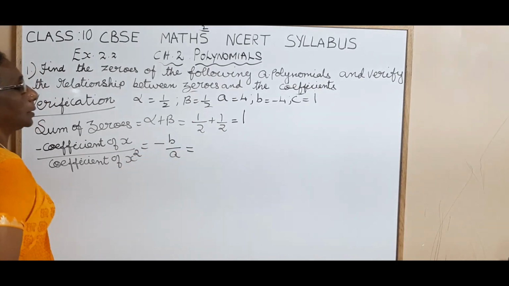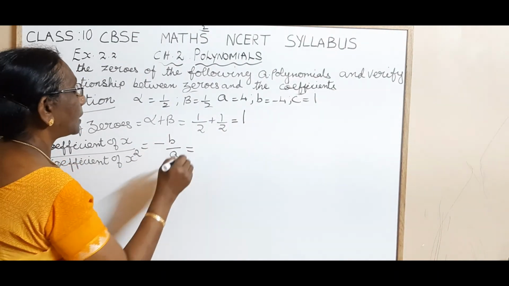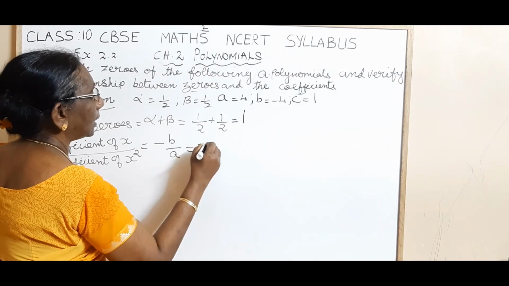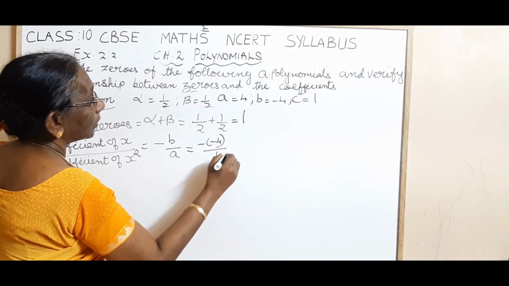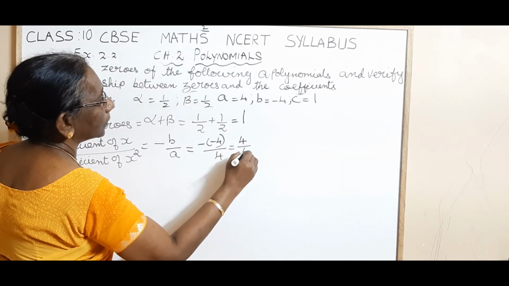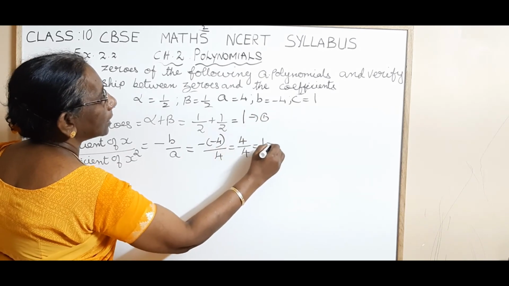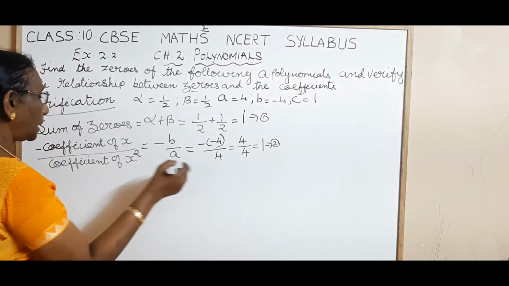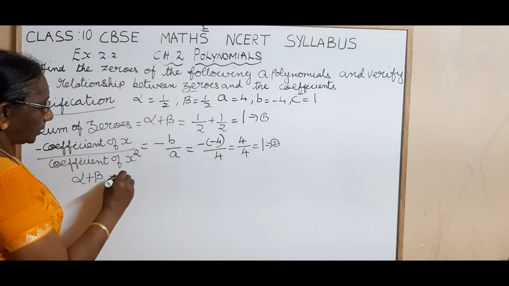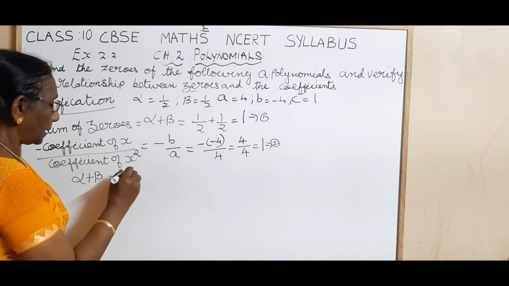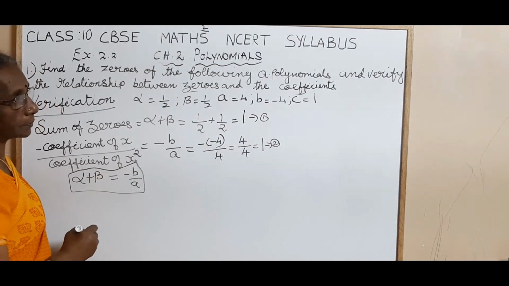Minus b by a is minus of minus 4 over a, which is 4. So that is equal to 4 by 4, that is equal to 1. Name this as 1, name this as 2. So from 1 and 2, alpha plus beta is equal to minus b by a. Therefore, the first relation is verified.